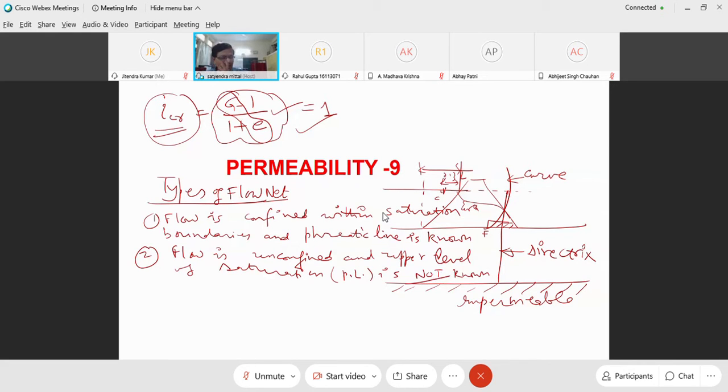So these are broadly two conditions. Now from this condition, there can be further subdivisions.